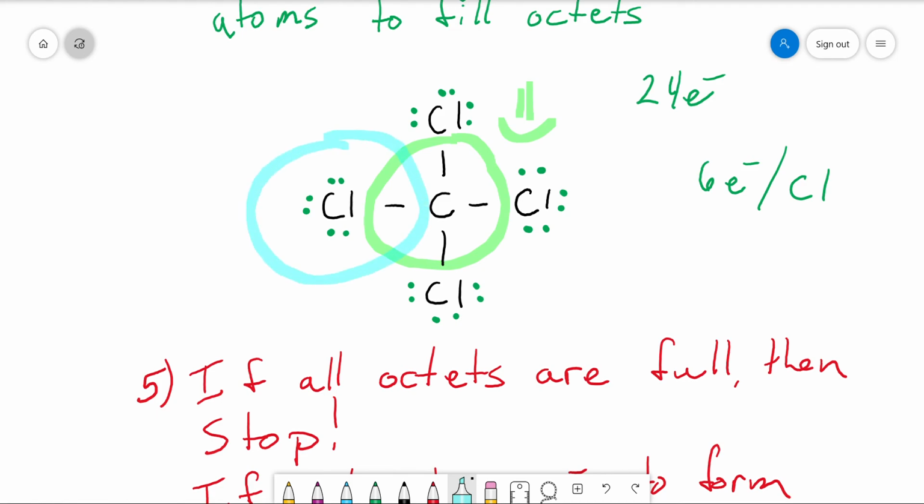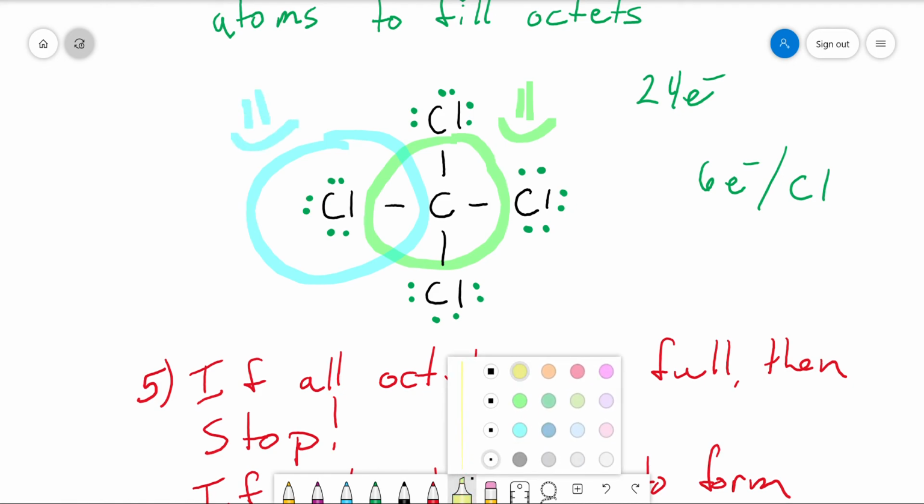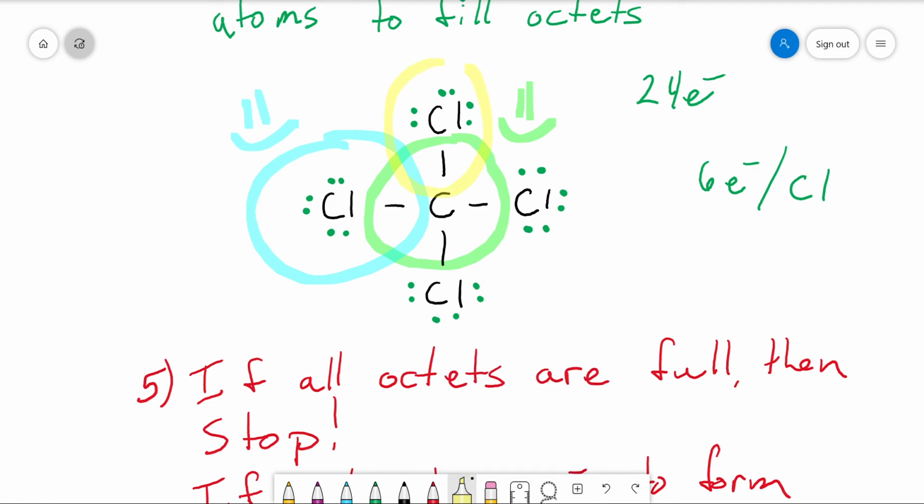Notice the bond is circled twice. Those electrons are shared, so they count for the carbon, and they count for the chlorine. So 2, 4, 6, 8, chlorine is good. Hopefully you can see that I don't need to do every single chlorine because they're all the same. So that Lewis structure is done.